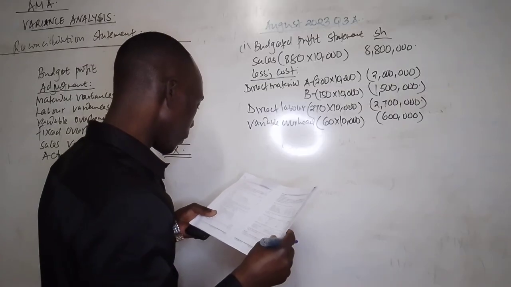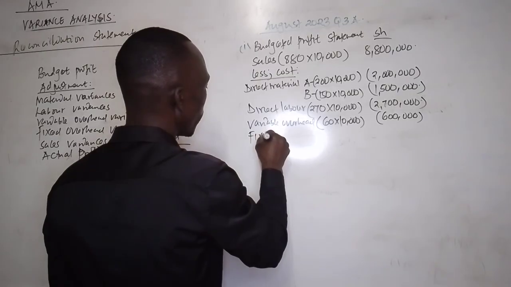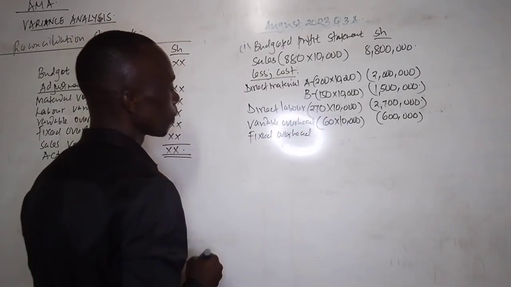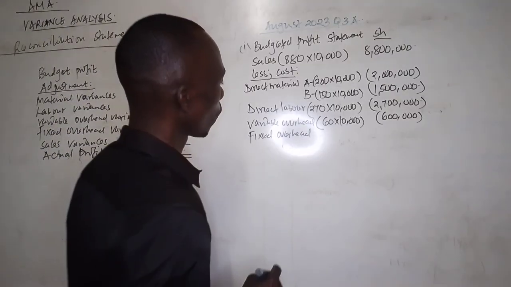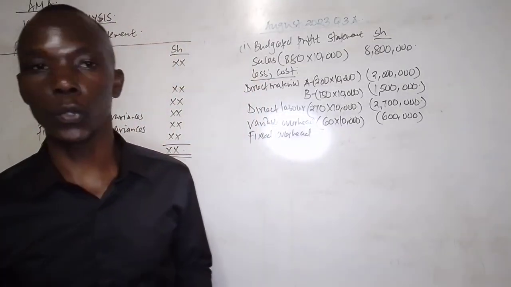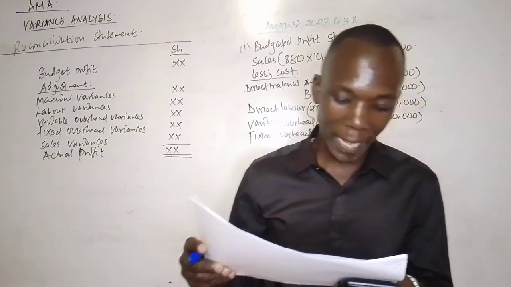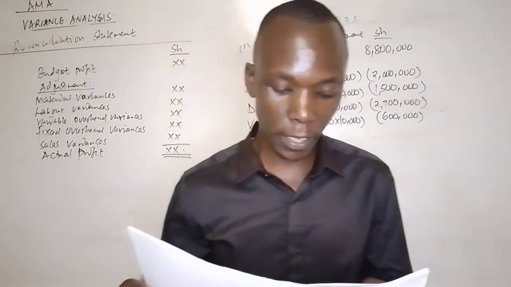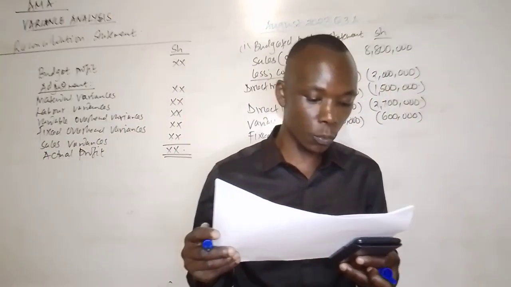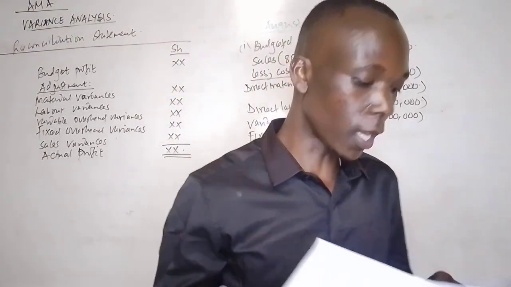So we are done with that. What is remaining is the fixed overhead. Note number 2, they are saying that the annual budgeted fixed overhead was shillings 14,400,000, which is assumed to be incurred evenly throughout the year.